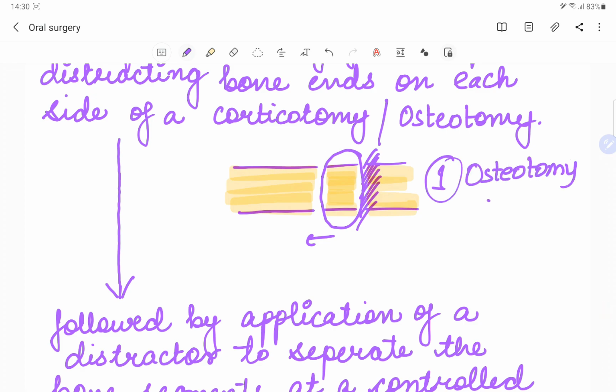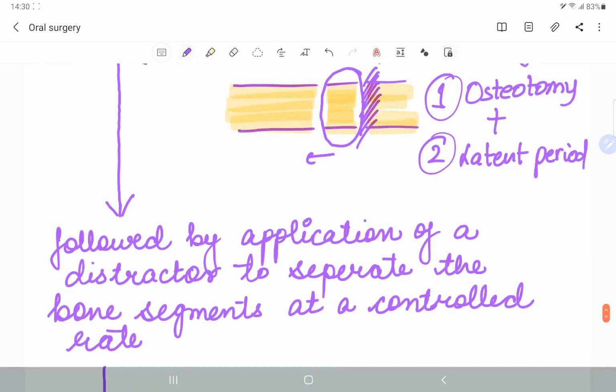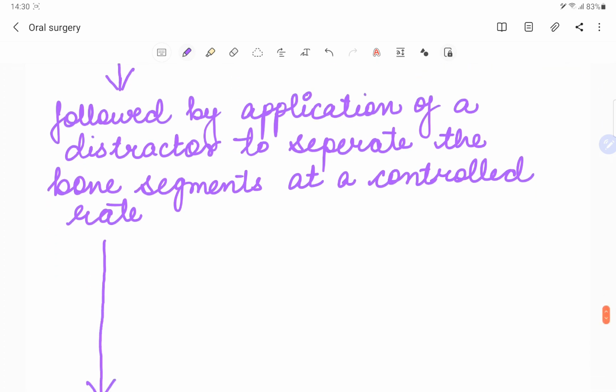And then we keep it in its place for a certain time period, so that hematoma formation occurs. So that is our latent period. Then we apply a distractor device. That device is going to separate the bone fragments at a controlled rate. This particular stage is known as the distraction.